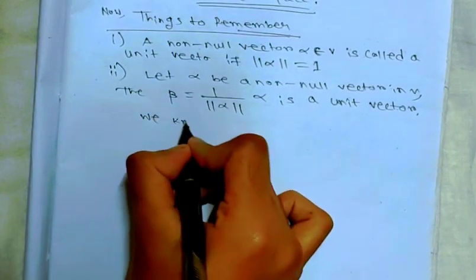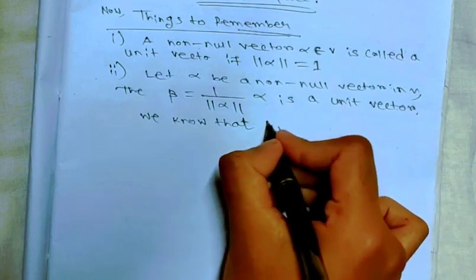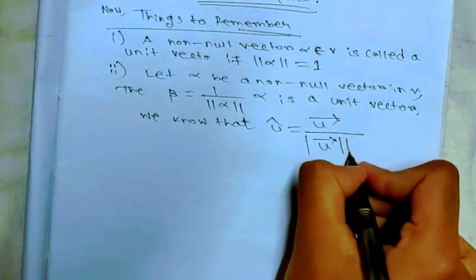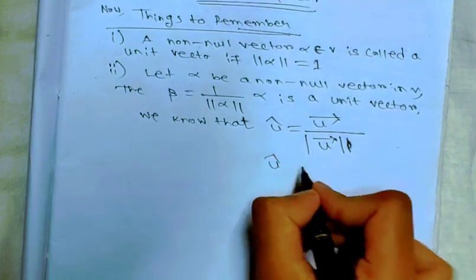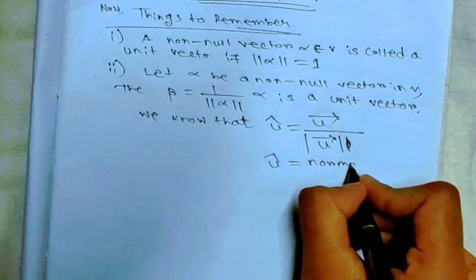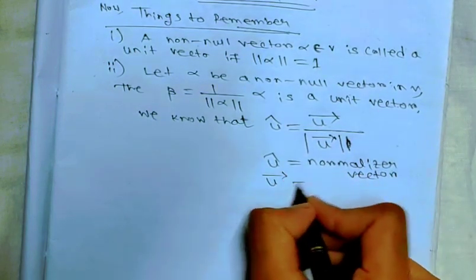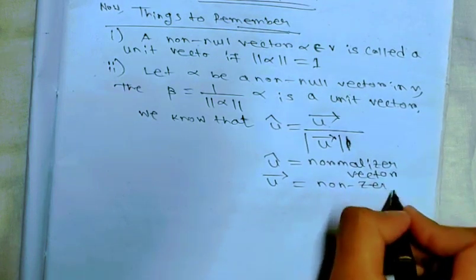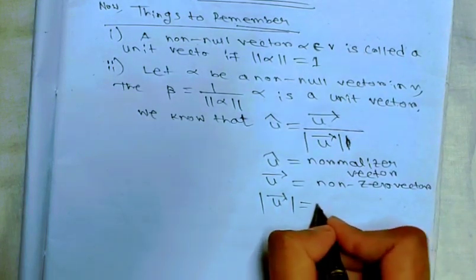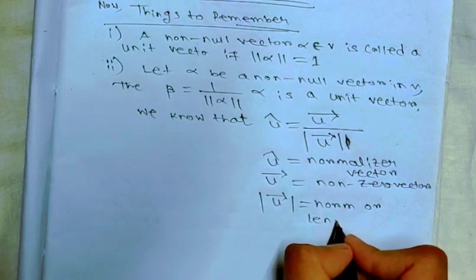We know that for a vector, u cap equals u vector divided by magnitude of u vector, where u cap is the normalized vector, u vector is a non-zero vector, and magnitude of u equals the norm or length of vector u.